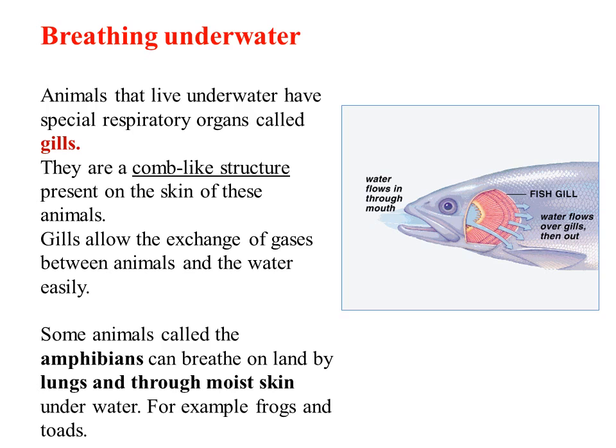You can see here the picture of a fish. Water flows in through the mouth, and here are the fish gills, and water flows over the gills and then out. Some animals called amphibians can breathe on land by lungs and through moist skin underwater, for example frogs and toads, which I have already told in the previous slide.